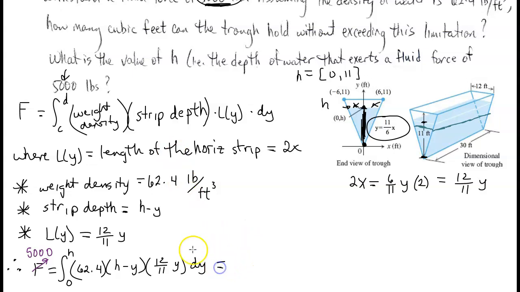first thing I'm going to do is all my constants I'm going to pull out. So it's going to be 62.4 times 12 over 11. And I'll have 0 to h. And what's left here will be h minus y times another y dy. Okay.